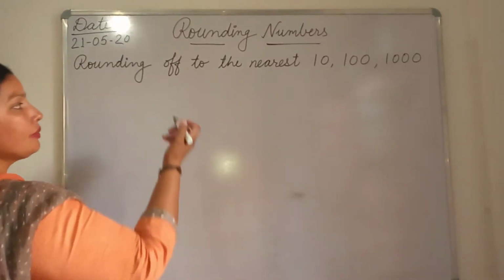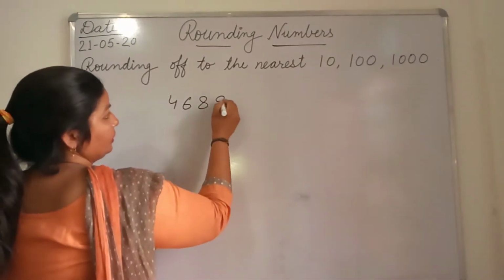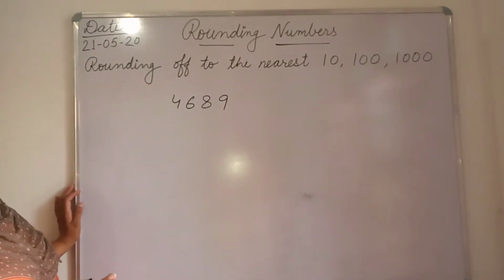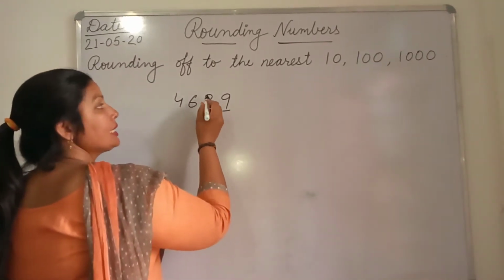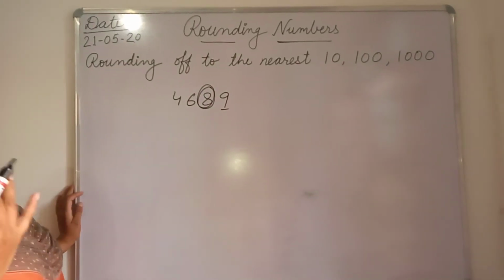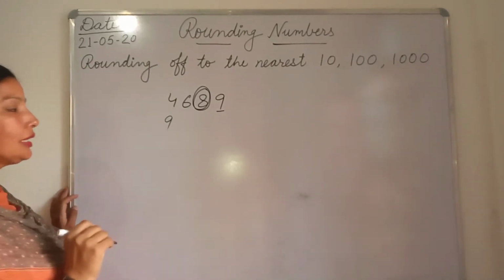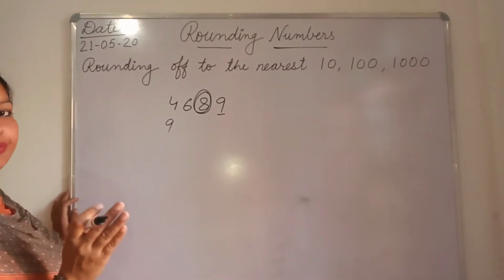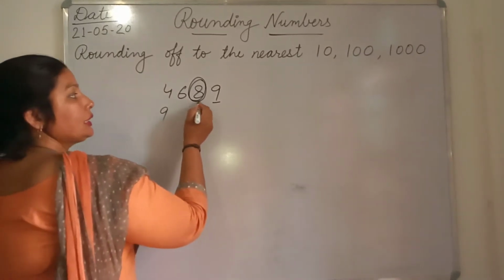Suppose I take an example here: 4689. We should find its rounding of tens. For rounding of tens, we check the ones column. This is the tens column, whose rounding we have to find, so we check the ones column. In the ones column what do we have? 9. Now we check whether this 9 is 5 or greater, or less than 5. If we have 5, 6, 7, 8, 9, we increase the tens column.